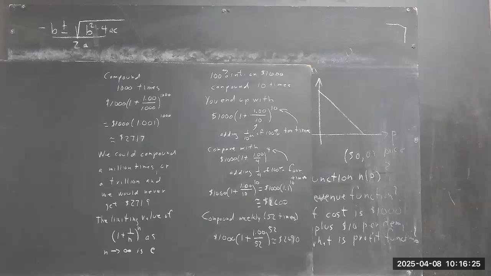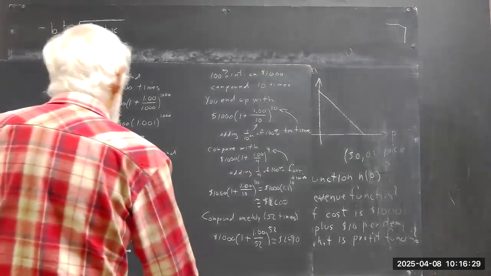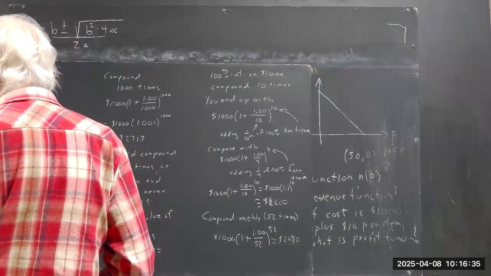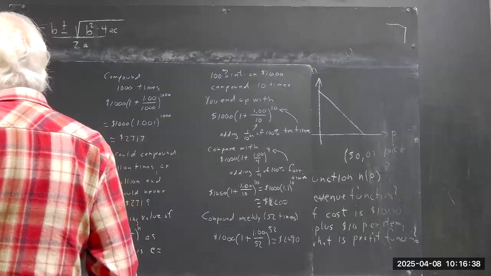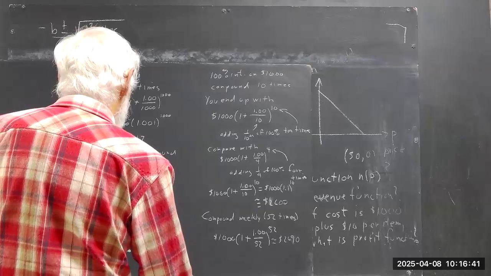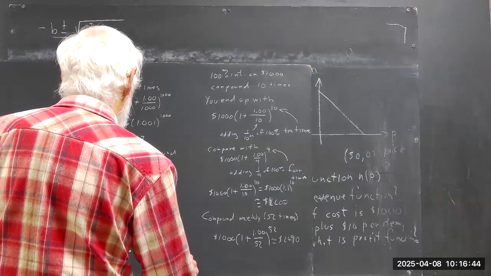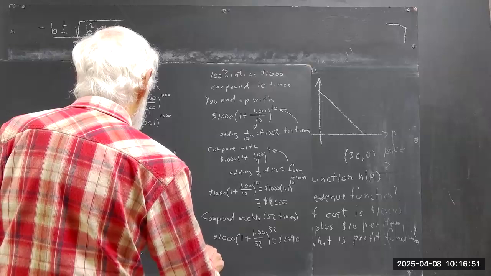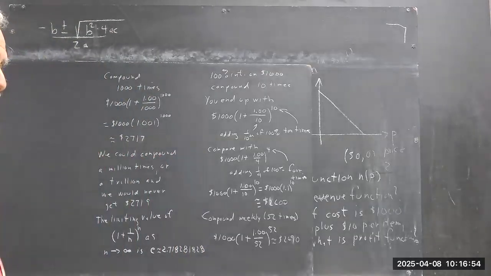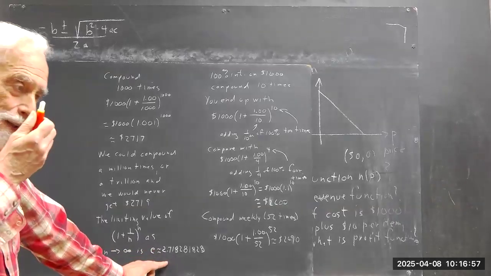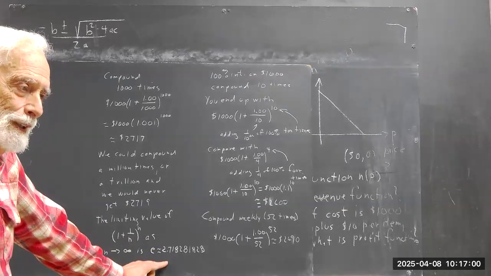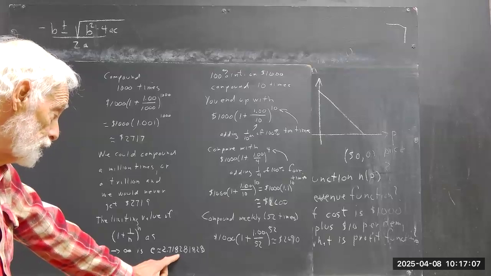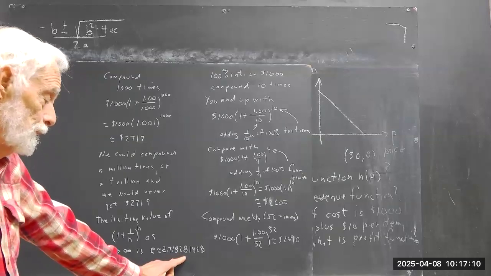That e to the x thing, which is approximately... The most you could get from compounding as many times as you want is $2,718.28.